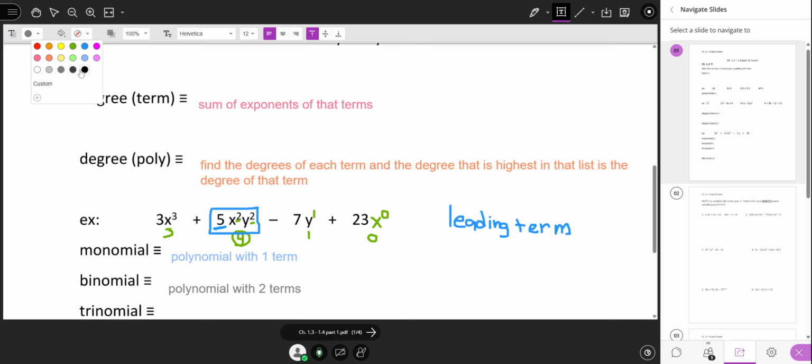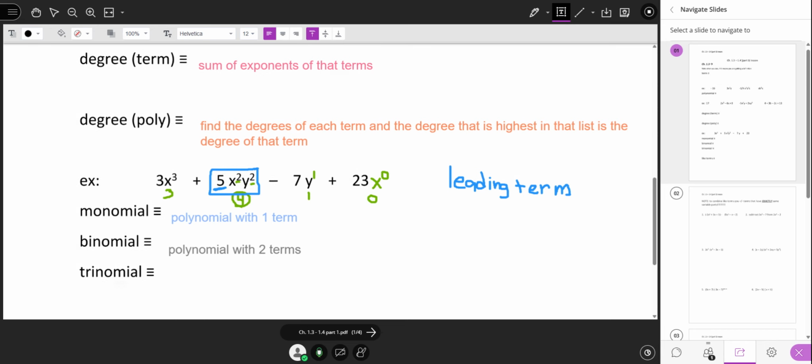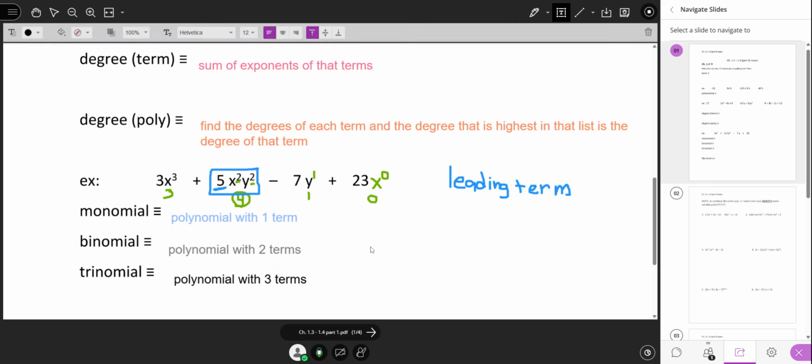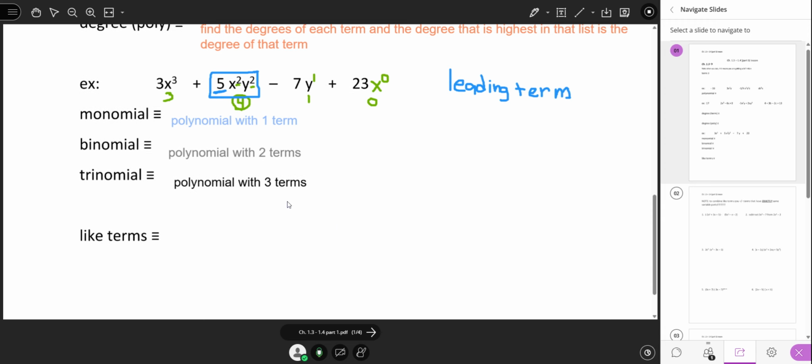Trinomial, I think you're getting it, would be a polynomial with 3 terms. And then polynomial is all of these, and a polynomial is also 4 terms and more.